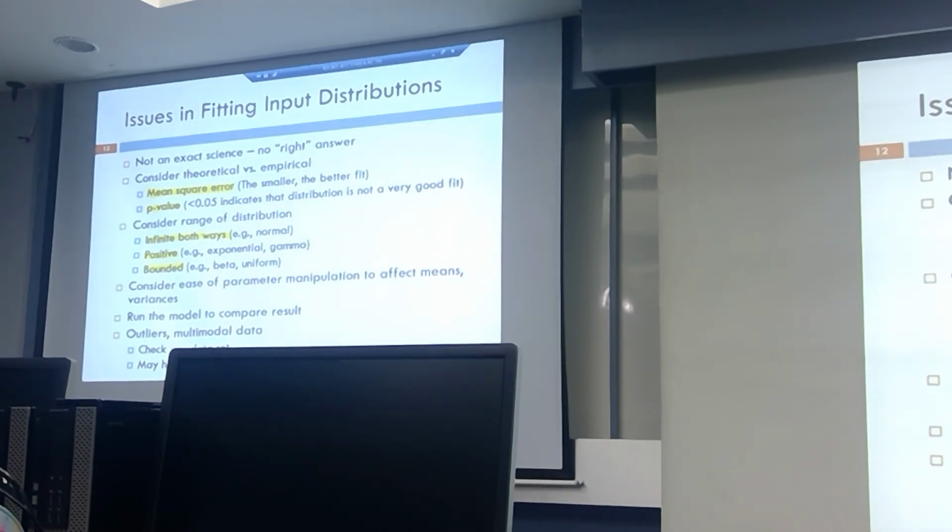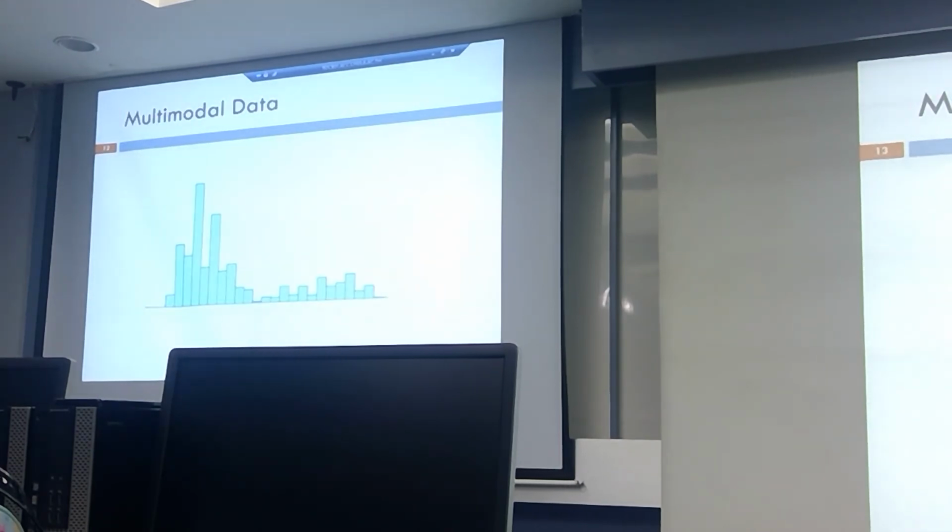Okay. Another type of situation that you may find is called multimodal data. Usually, if you don't plot the graph, you will not see it. So we recommend that, even though you collect the data and put it as a raw data table in Excel, it might be worthwhile to do a histogram on it so that you can see how the data behave.